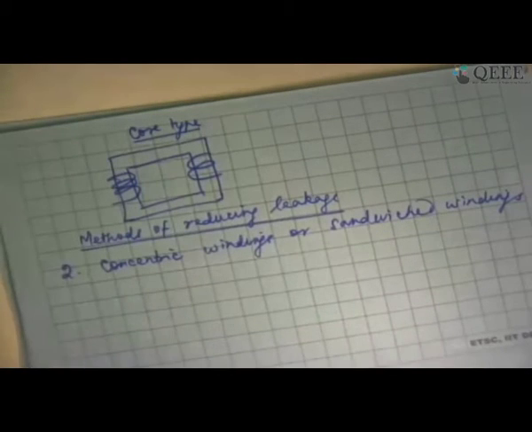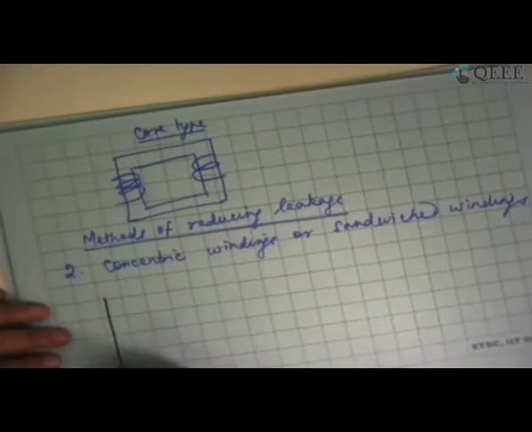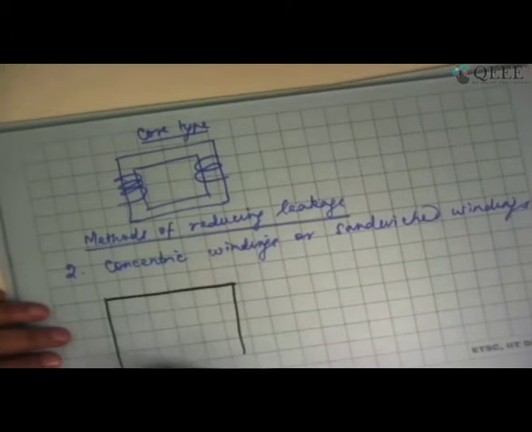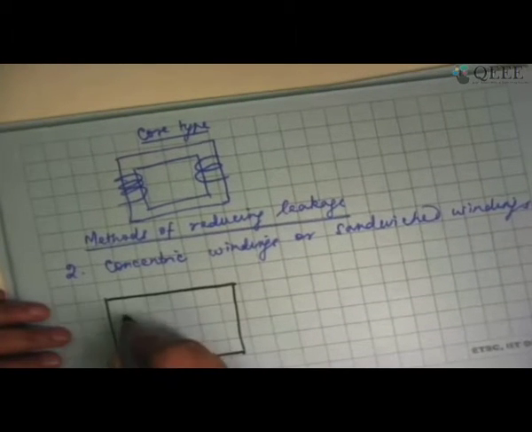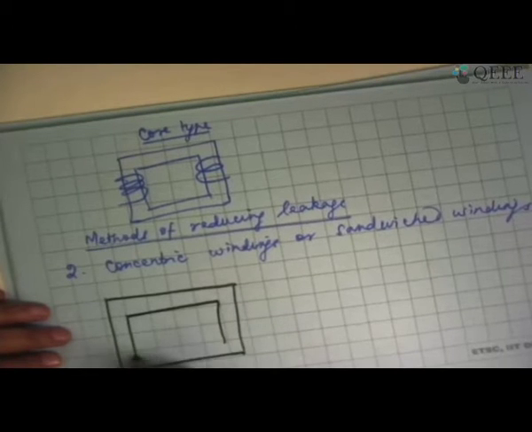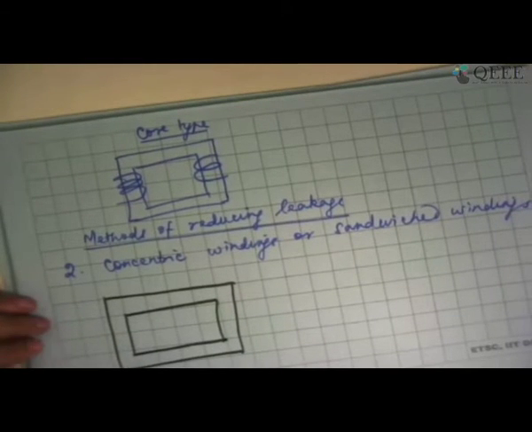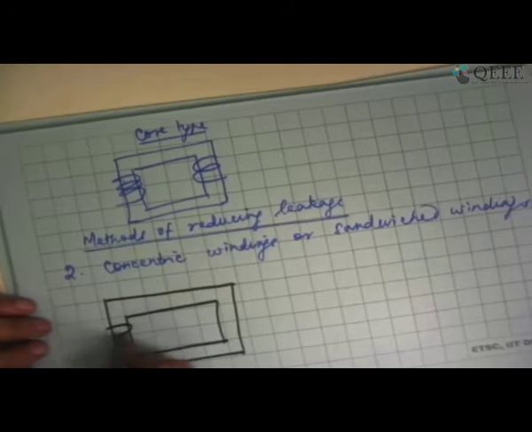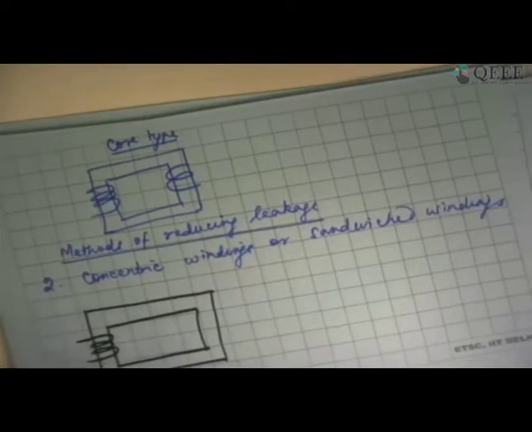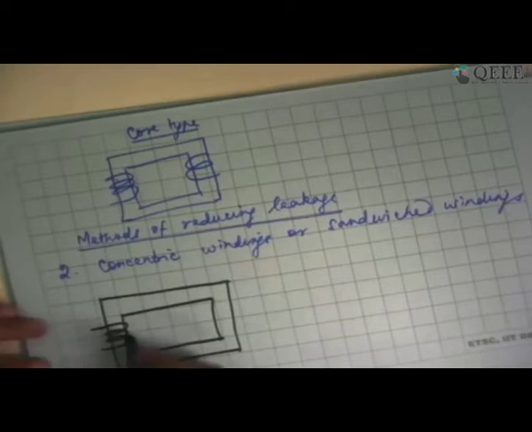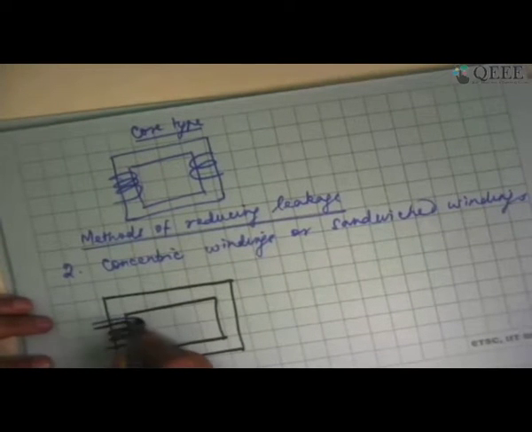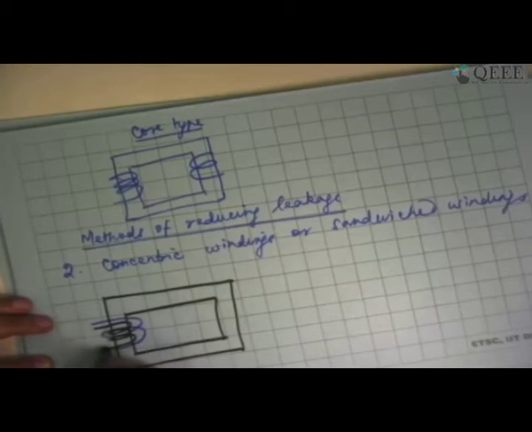What I mean is, let us say this is actually our core. Repeatedly I am drawing the core because without that you can't even show a transformer. Let's say I have one winding like this. Let me call that the primary winding. My secondary winding may be surrounding that itself.